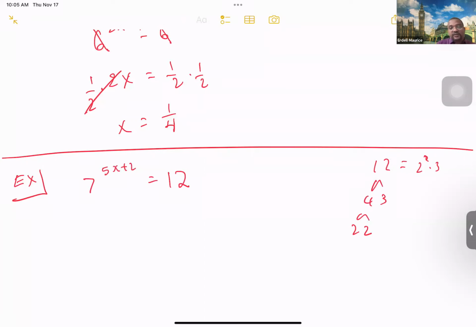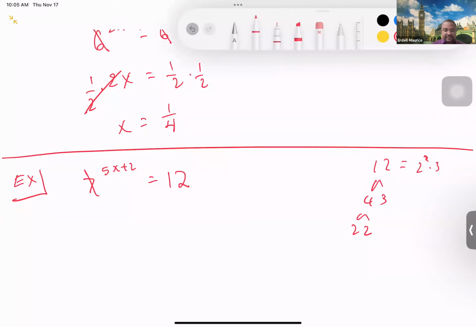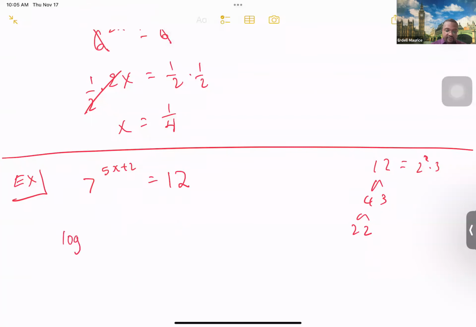And whenever you come up in that situation, what you have to do is cancel out one of the bases. And the way you do that is by taking the appropriate log on both sides. Since I want to cancel out 7, I'm going to take a log base 7 on both sides of the equation.